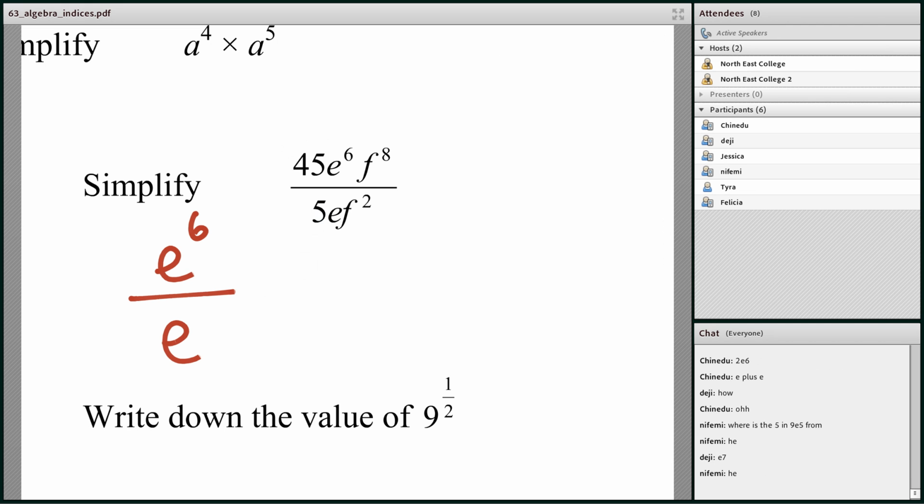You add the powers together. Is that okay?